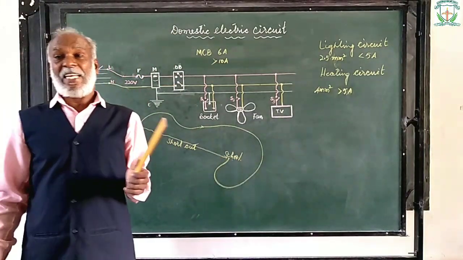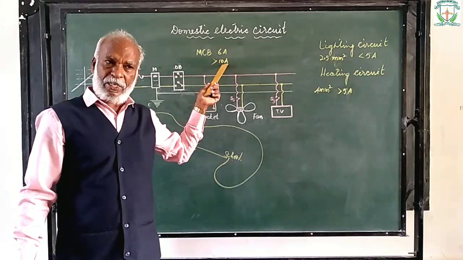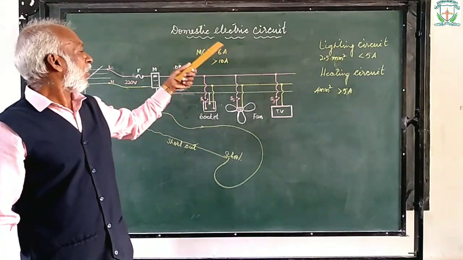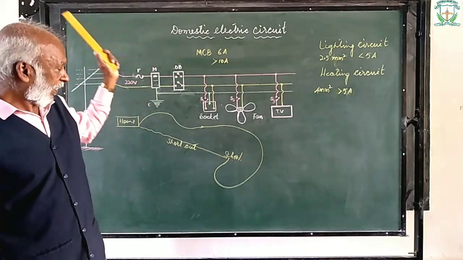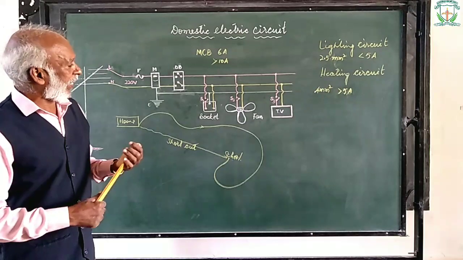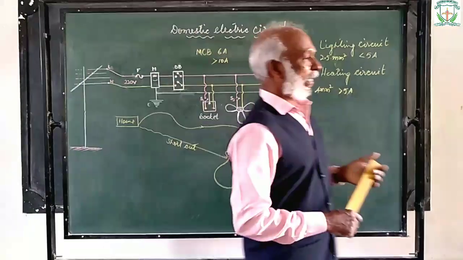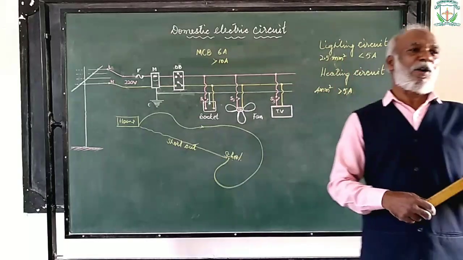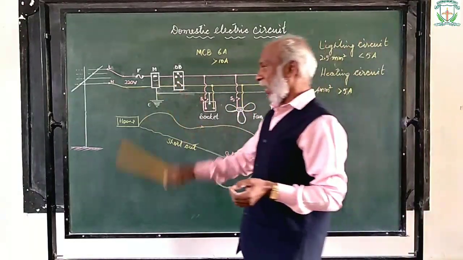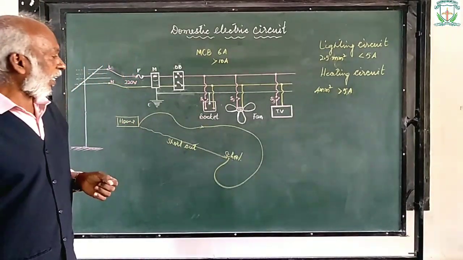More than 10 ampere circuit breakers are used for heating circuits, and 6 ampere circuit breakers are used for lighting circuits. These are the things you have to understand and keep in your mind regarding domestic electric wiring. If you have any doubt, you can ask me.